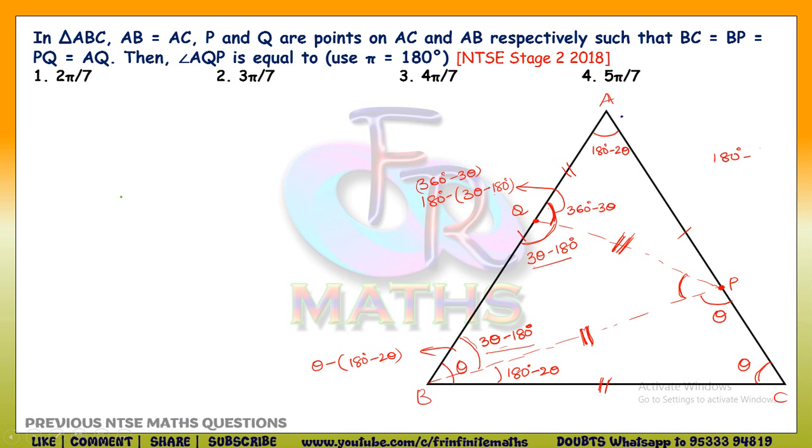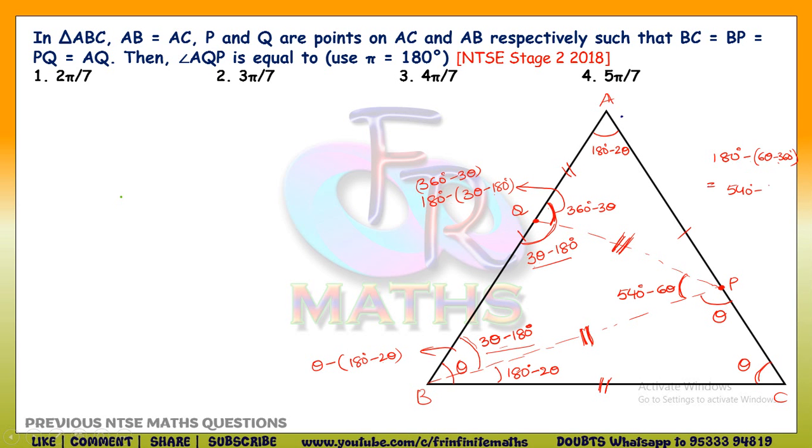So 180 degrees minus the sum of these two angles: 3 theta plus 3 theta is 6 theta, minus 180 is minus 360 degrees, right? So when I simplify this, minus of minus 360 is plus 360, 180 plus 360 is 540 degrees minus 6 theta. So 540 degrees minus 6 theta is this particular value, right?